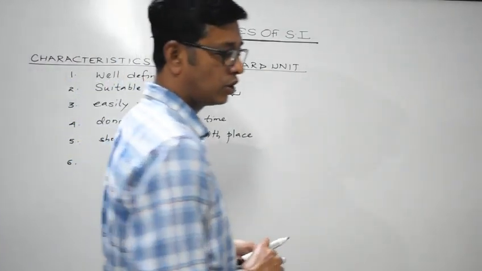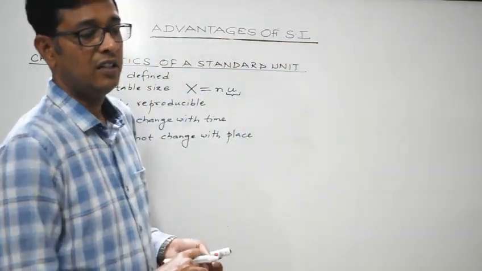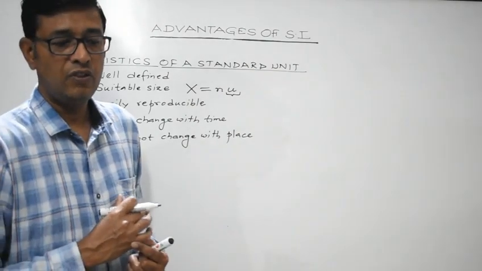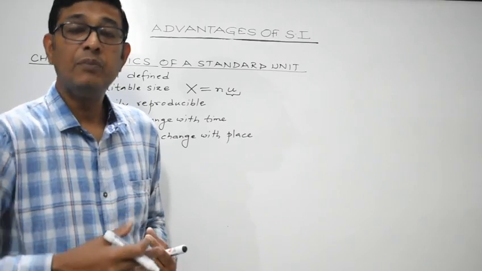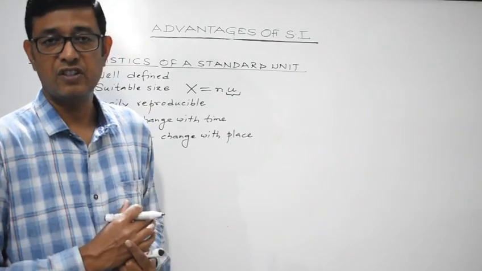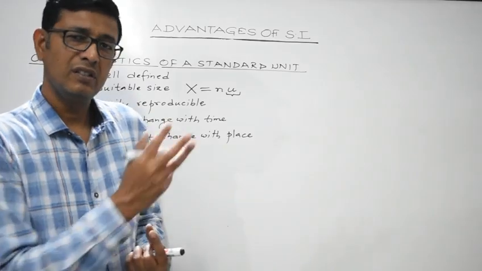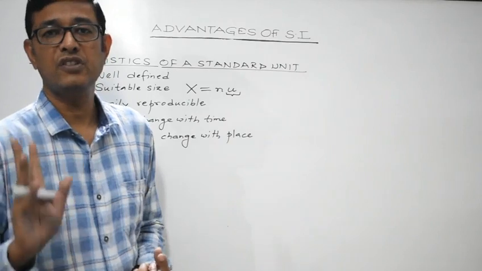One of the very important characteristics which a standard unit must possess is that it shouldn't change with the change in its physical conditions. When I am talking about physical conditions, what I mean is temperature, pressure, etc. So even if there is a change in temperature or pressure, the definition or its relevance shouldn't change.